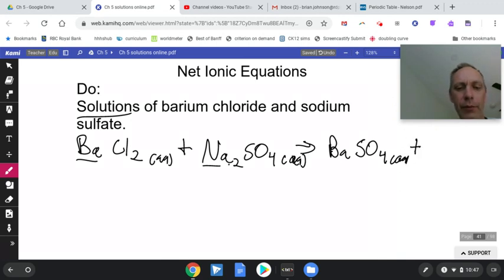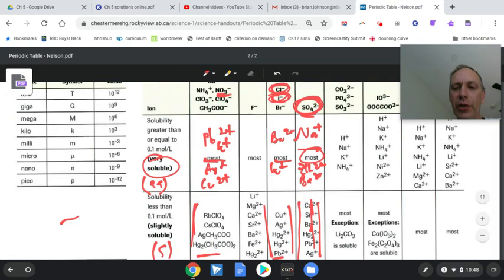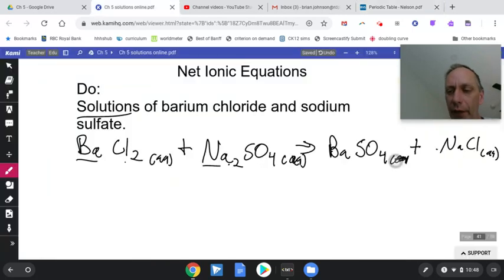Sodium chloride, NaCl. Aqueous. I just want to go back and check barium sulfate again. I think I got that one wrong. I missed it. It's right here. Ba2+. My mistake. So this one is actually solid, low solubility. And the NaCl is high solubility aqueous.